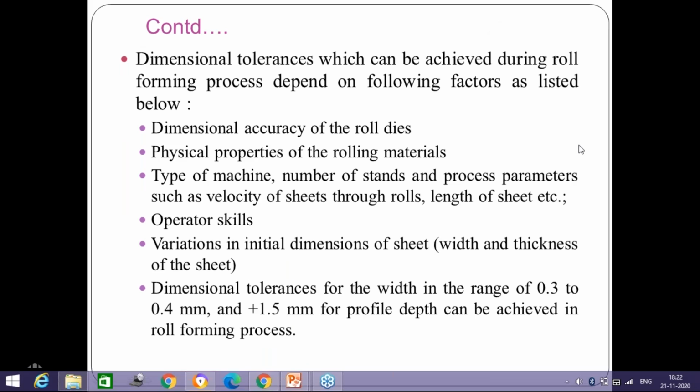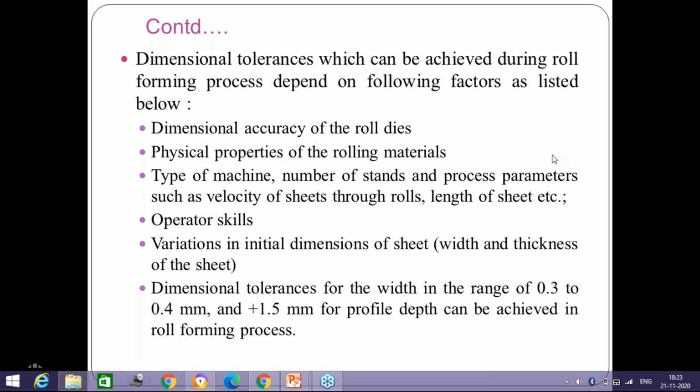Dimensional tolerances which can be achieved during the forming process depend on the following factors as listed below. Dimensional accuracy of the roll dies, physical properties of the rolling material, type of machines, number of stands, and process parameters such as velocity of sheet through rolls, length of sheet, etc. Operator skills, variations in the initial dimension of the sheet, that is the width and thickness of the sheet.